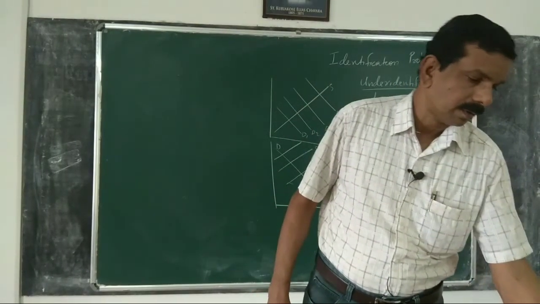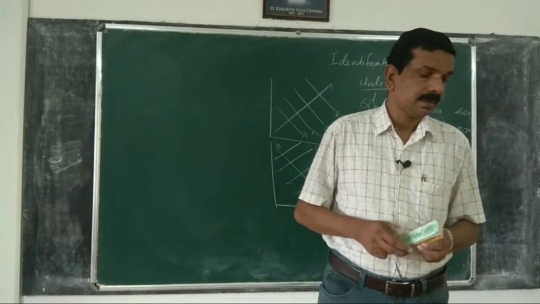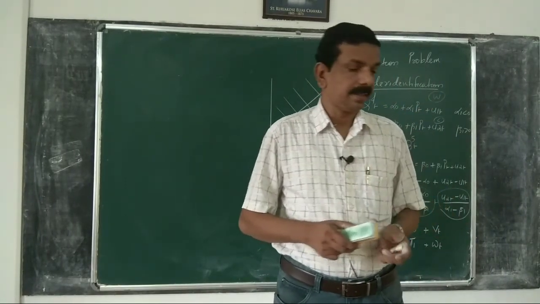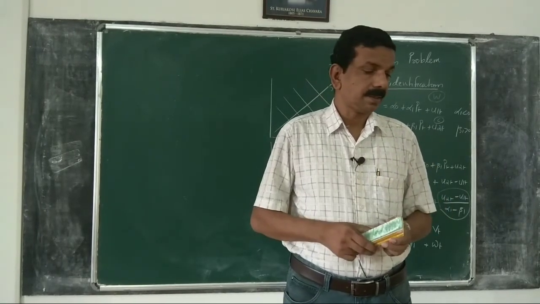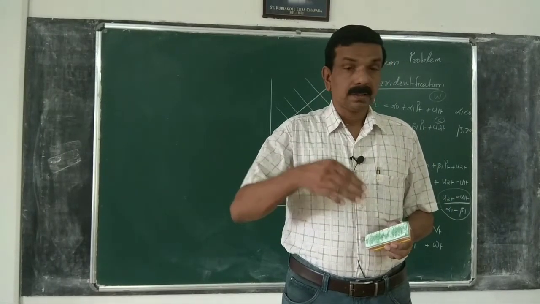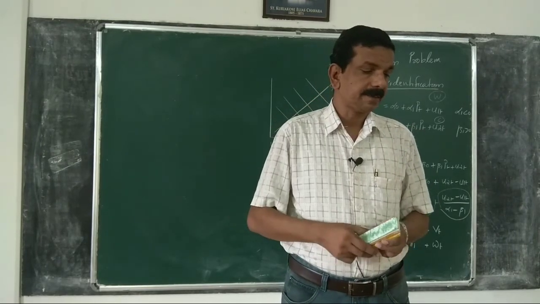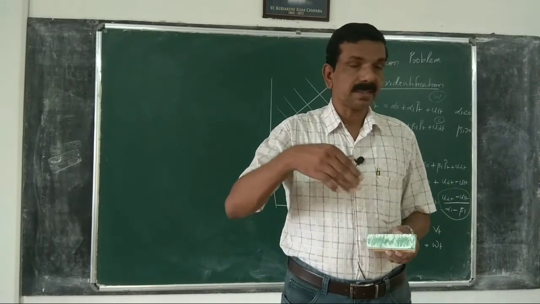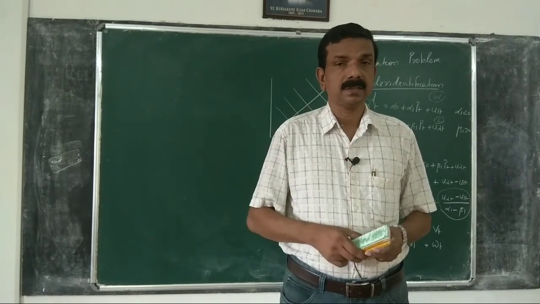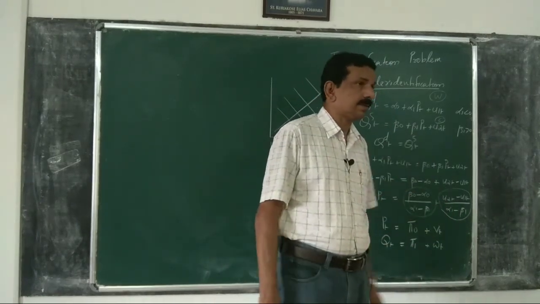So let me restate the condition for identification like this. For an equation to be identified, that is, to estimate its parameters, it must be shown that the given set of data does not produce a structural equation which is similar in appearance to the one in which we are interested.